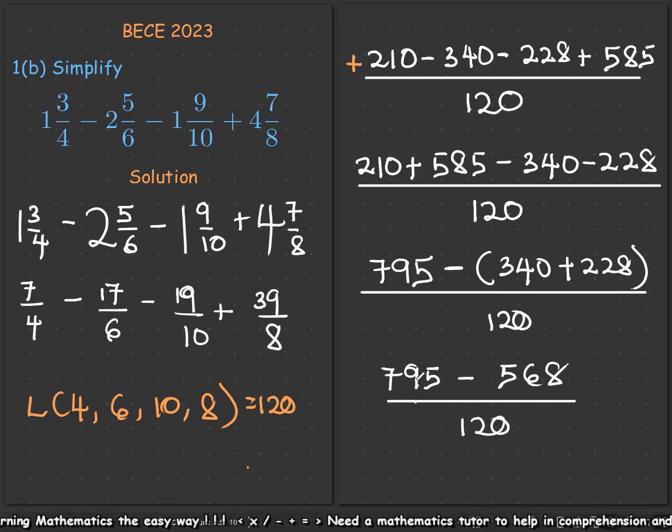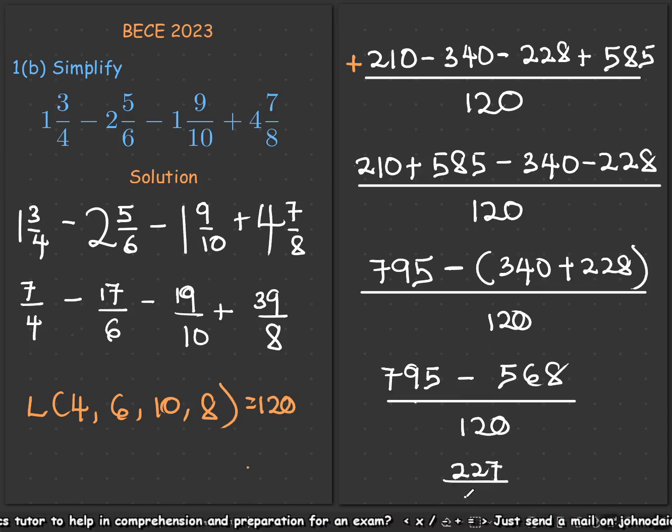And if you evaluate 795 minus 568, what are you going to get? You'll be getting 227 over your 120. And this is what we have as our final answer.